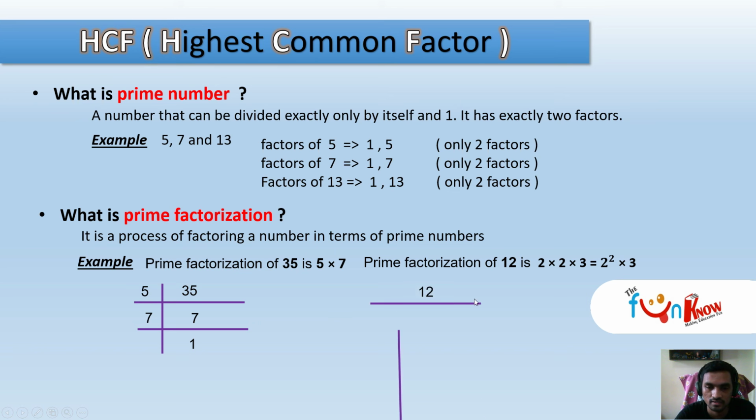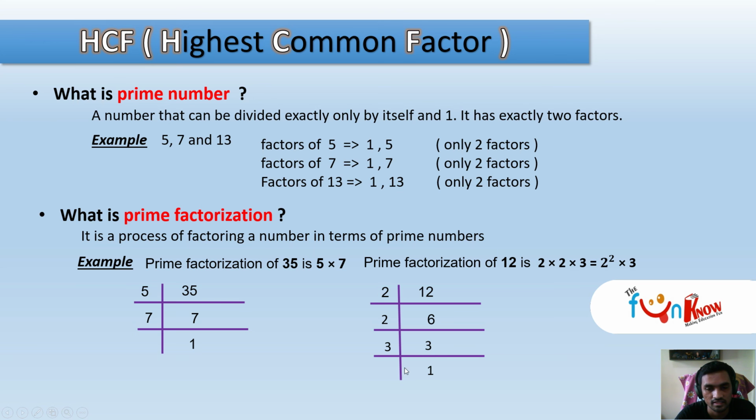Same in the example of the number 12. Can you divide it by 2? Yes, you can divide 12 by 2 and you get 6. You can further divide it by 2, so you get 3. Now you cannot divide it by 2, so you try the number 3. 3 divided by 3 is 1.